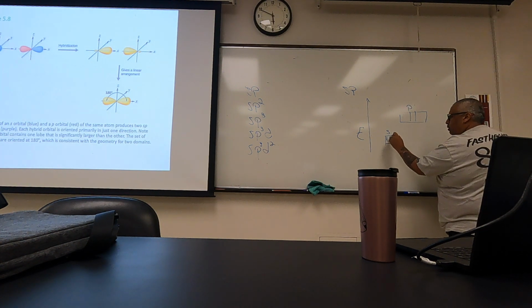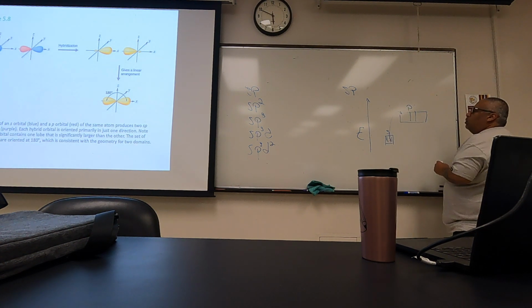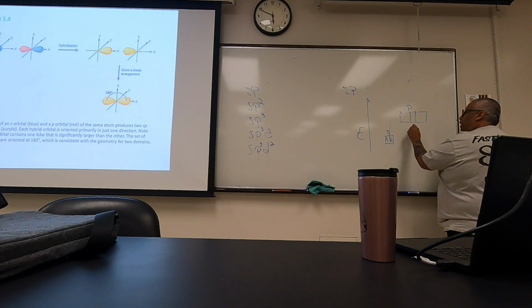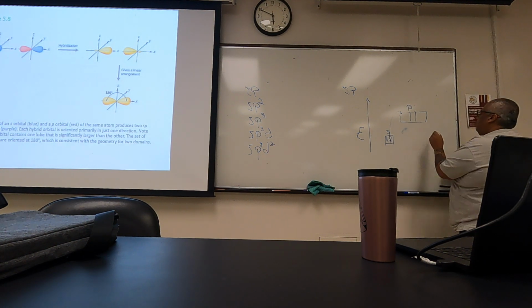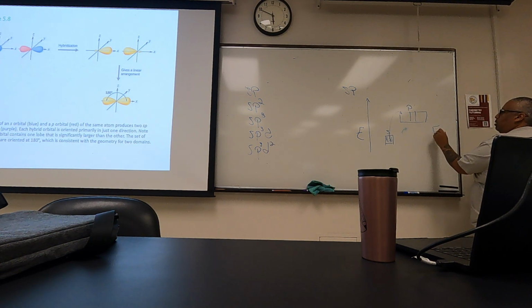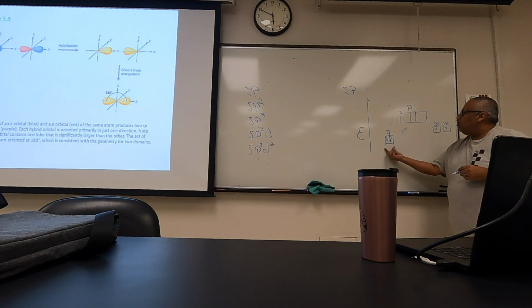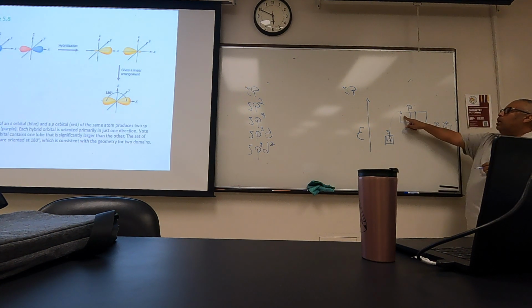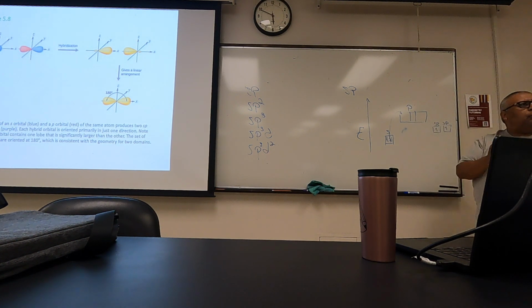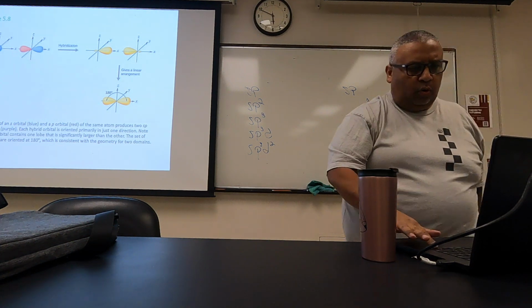This one here is going to enter this orbital, and they create two sp hybridized orbitals. So these two electrons here combine with this, and we get two sp hybridized orbitals. But we're also going to have two unhybridized orbitals.